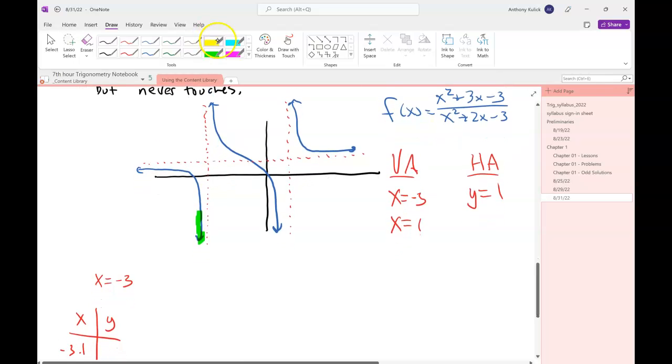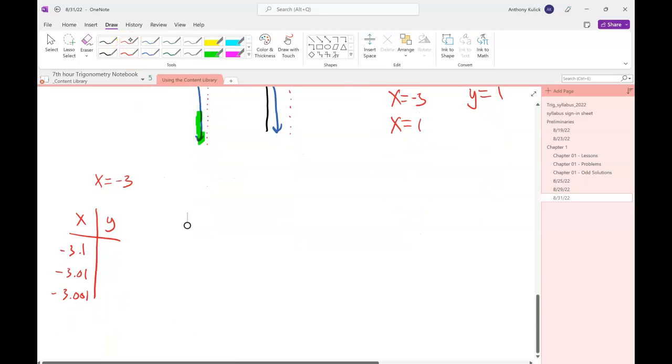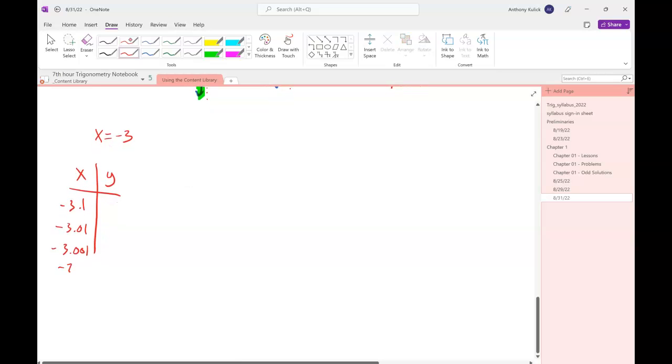And I'm also going to worry about where the graph is approaching -3 from the right. So that would be like -2.9, -2.99, and -2.999. And usually 3 values is pretty good. Ava?